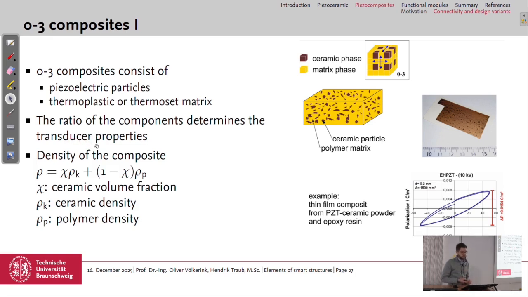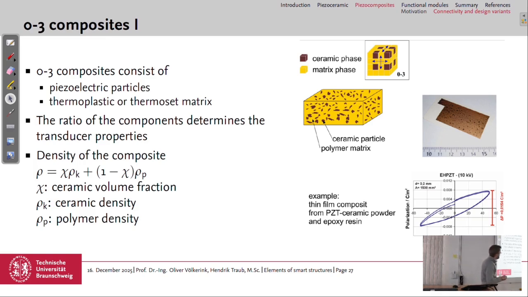The more ceramic we have, the more capable the transducer is afterwards. With a simple rule of mixture, we can also estimate the density, which is of interest for lightweight applications: the overall density is the ceramic volume fraction times the ceramic density plus 1 minus the ceramic volume fraction, so the polymer volume fraction, times the polymer density.